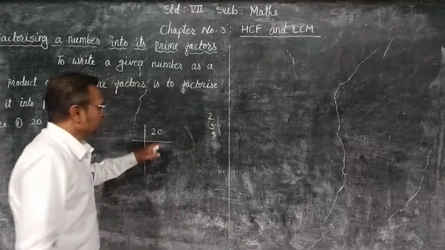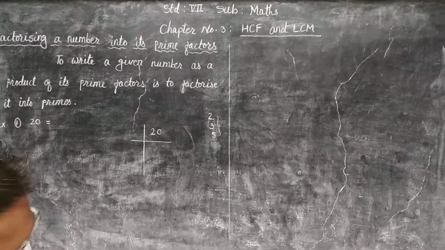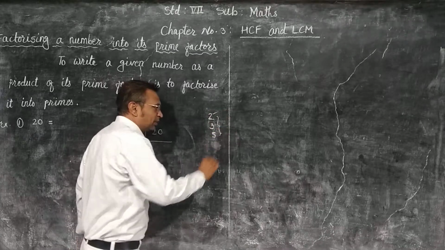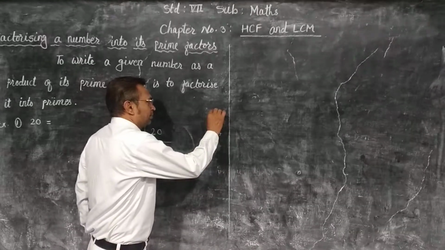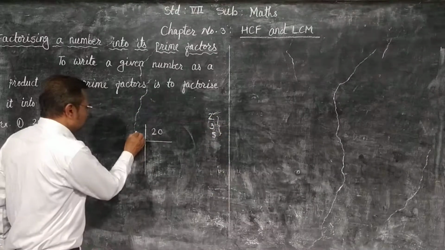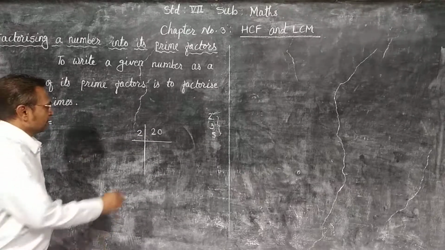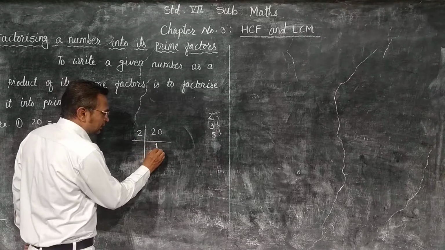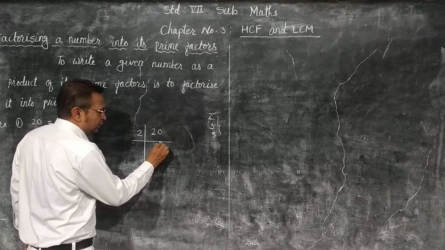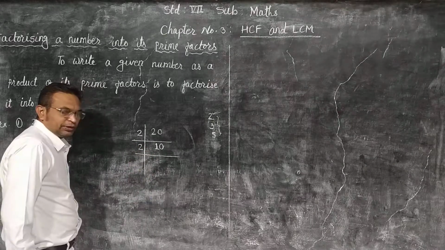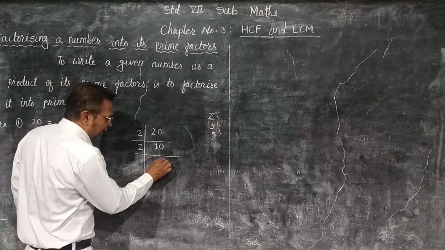Now here in the unit place there is 0, therefore we can use the test of 2 or 5, but the smallest prime number is 2, therefore first we use 2. 2 1s are 2 and it is 0. Again there is 0, therefore again we can apply the test of 2. 2 5s are 10.